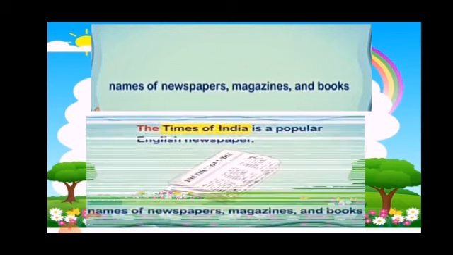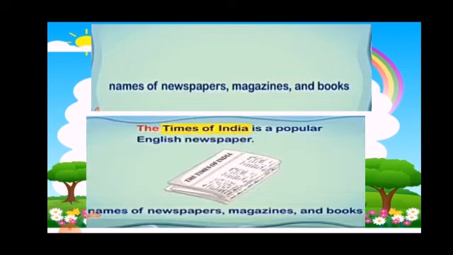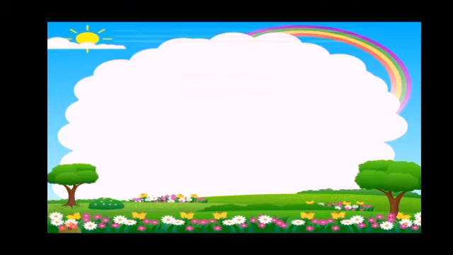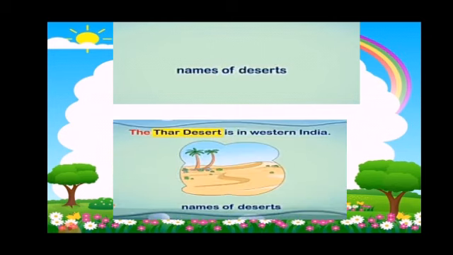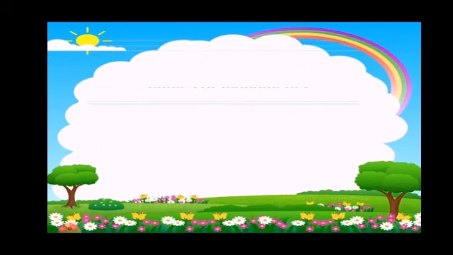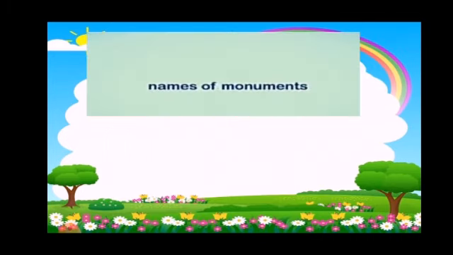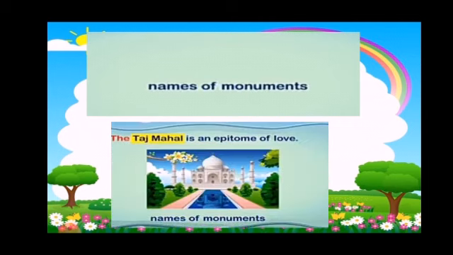For example, the Times of India is a popular English newspaper. We use article the before the names of deserts. The Thar desert is in Western India. We use article the before the names of monuments. The Taj Mahal is an epitome of love.